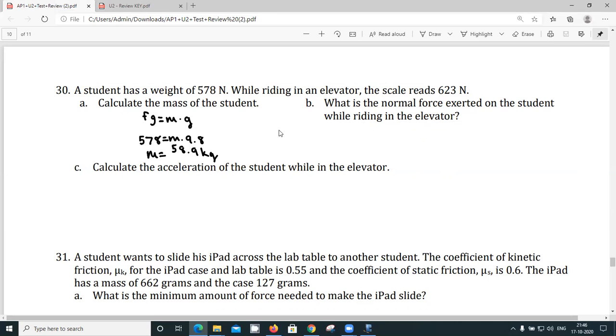They're not asking F net equals ma. It's an elevator, no? Yeah. The elevator will be moving. So is it moving up or down? Fg minus Fn equals ma.